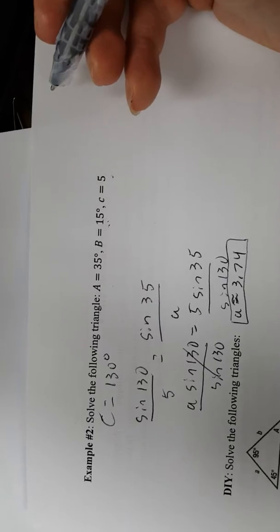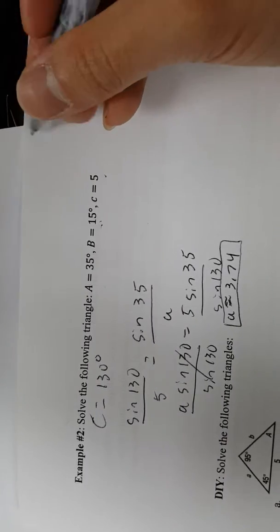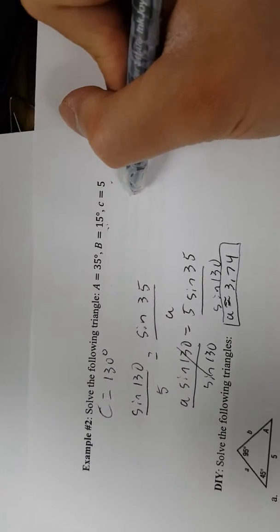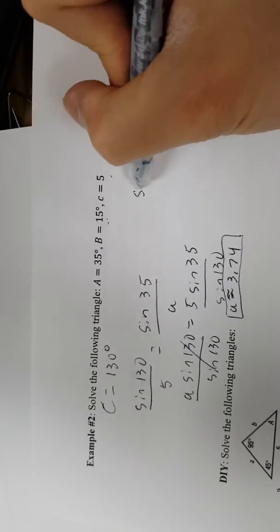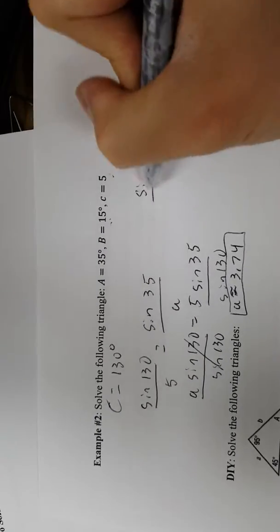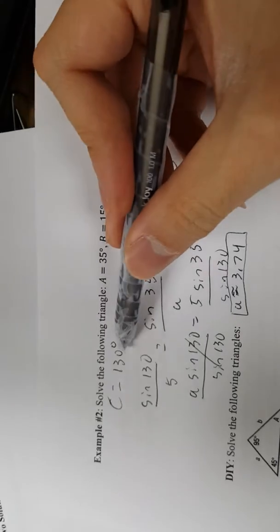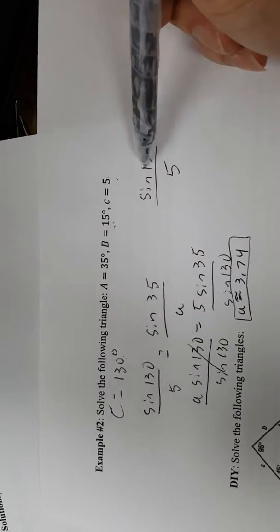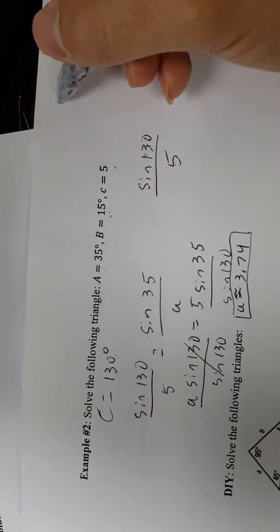Now, if we need to find side B, we just go ahead and start by doing the same thing. We do sine of 130 over 5. Remember, capital C is 130. The side across from it is 5, so that's why it's sine of 130 over 5.